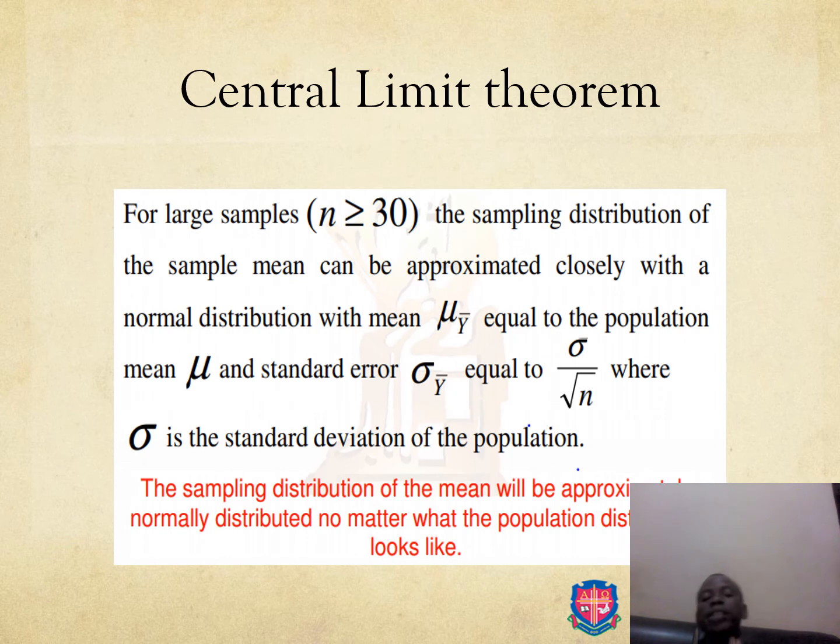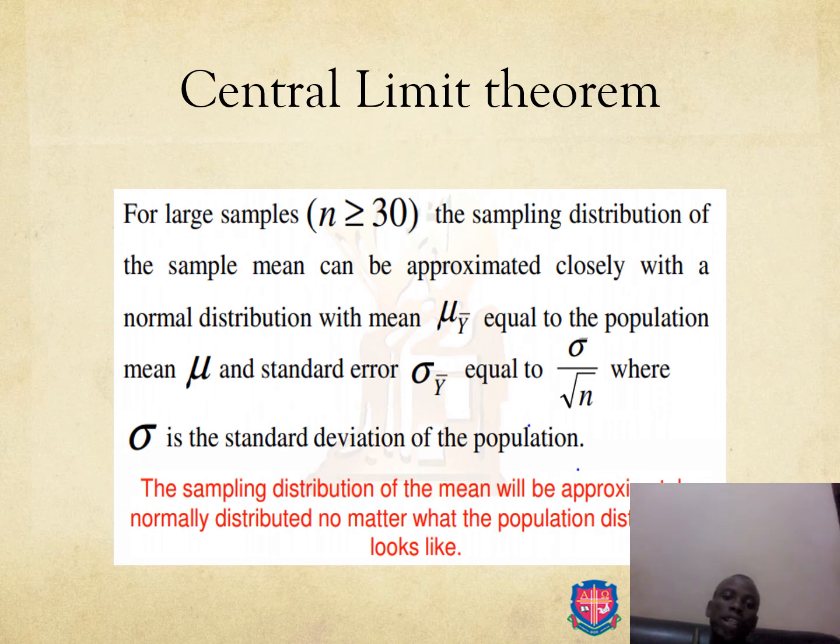And now let's look at this interesting theorem, the central limit theorem. This theorem helps us to understand how the size of the sample affects the distribution of the population.